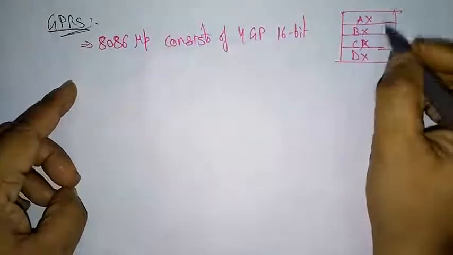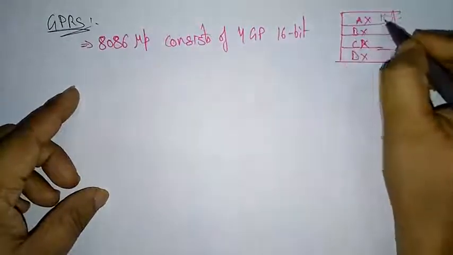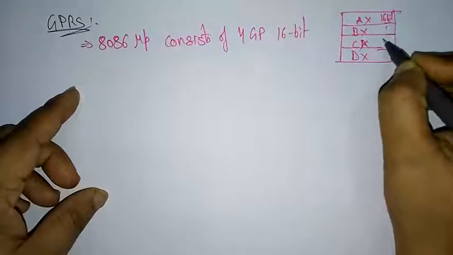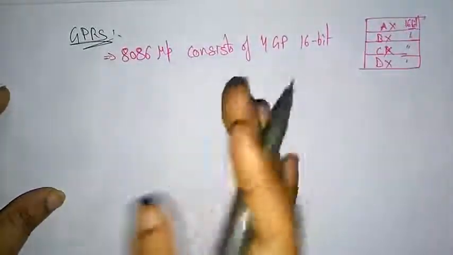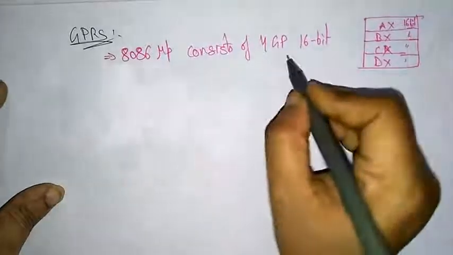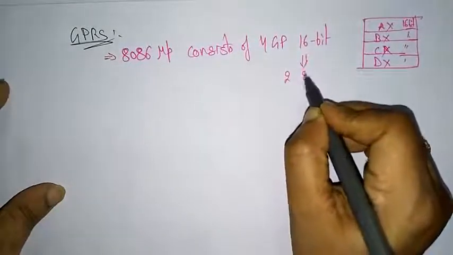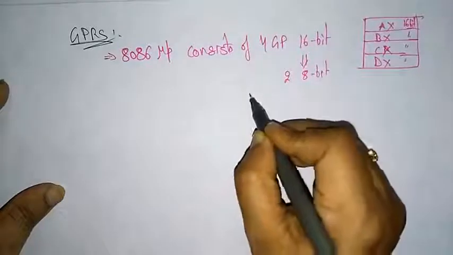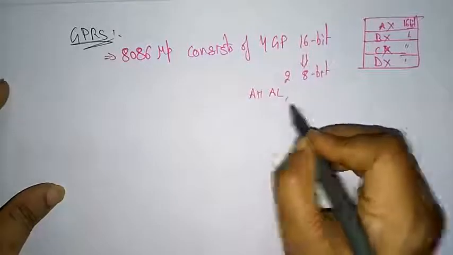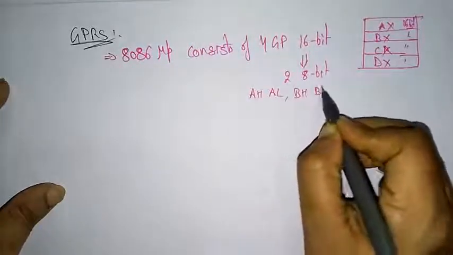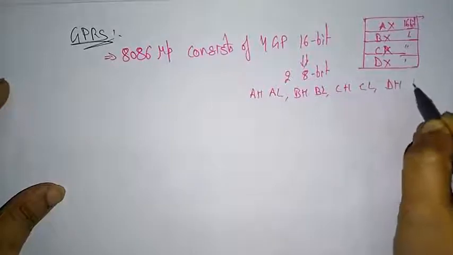They are used for general calculations and as temporary registers, each of size 16-bit. These can be divided into two 8-bit halves. You can use these 16-bit registers as two 8-bit registers: AH, AL, higher order and lower order, BH, BL, CH, CL, DH, DL.